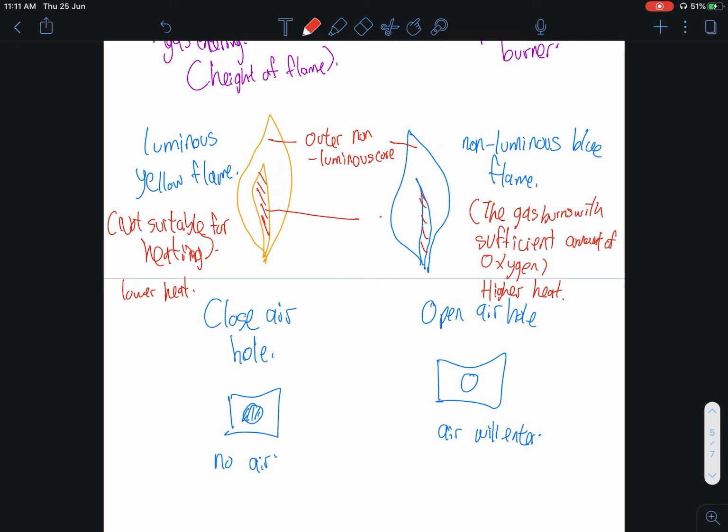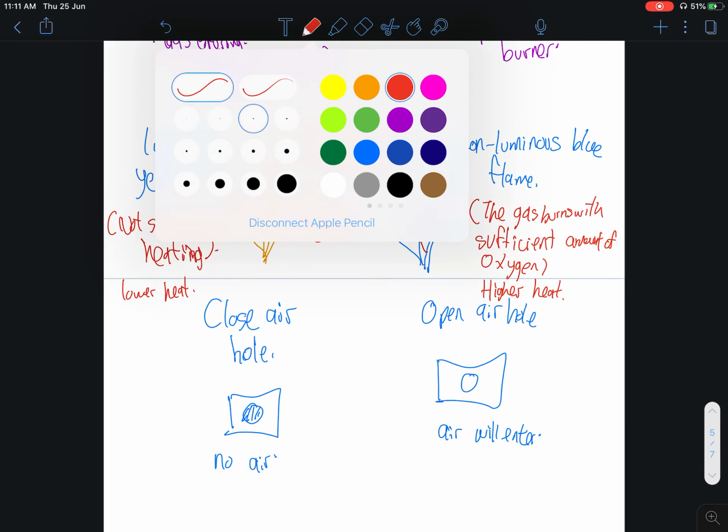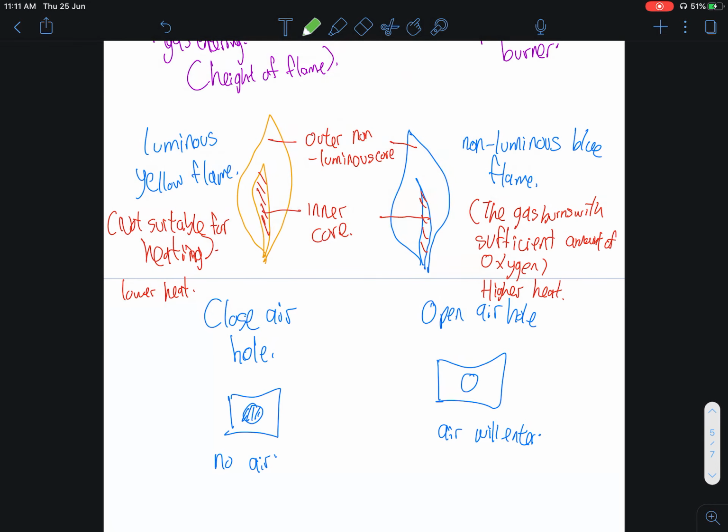This is the inner core, which is very hot. Now, where is the hottest region which the exam likes to ask? It is the tip here. This is where you will want to put your test tube when you do heating, not the Bunsen burner. So this is the hottest region for the respective flame.